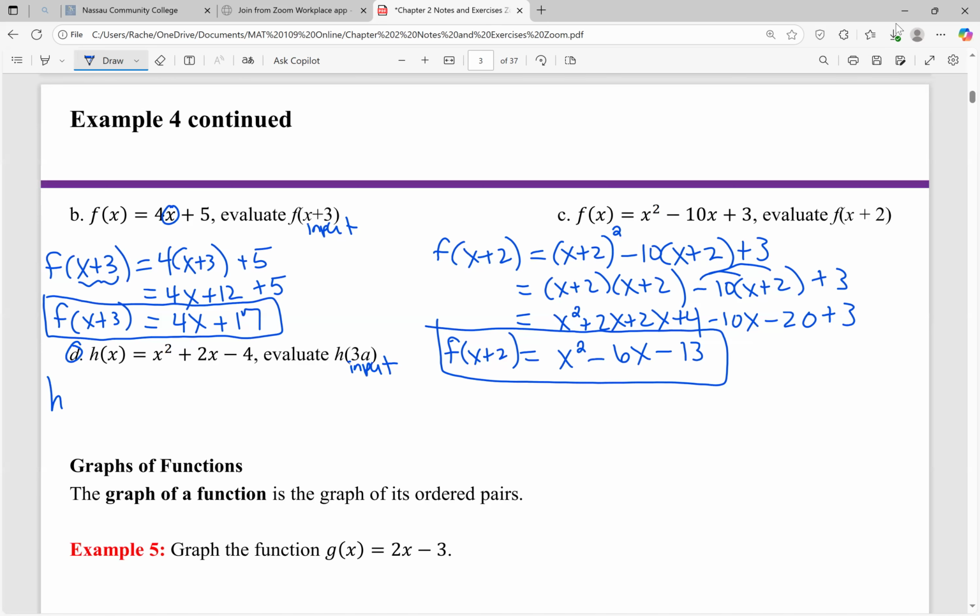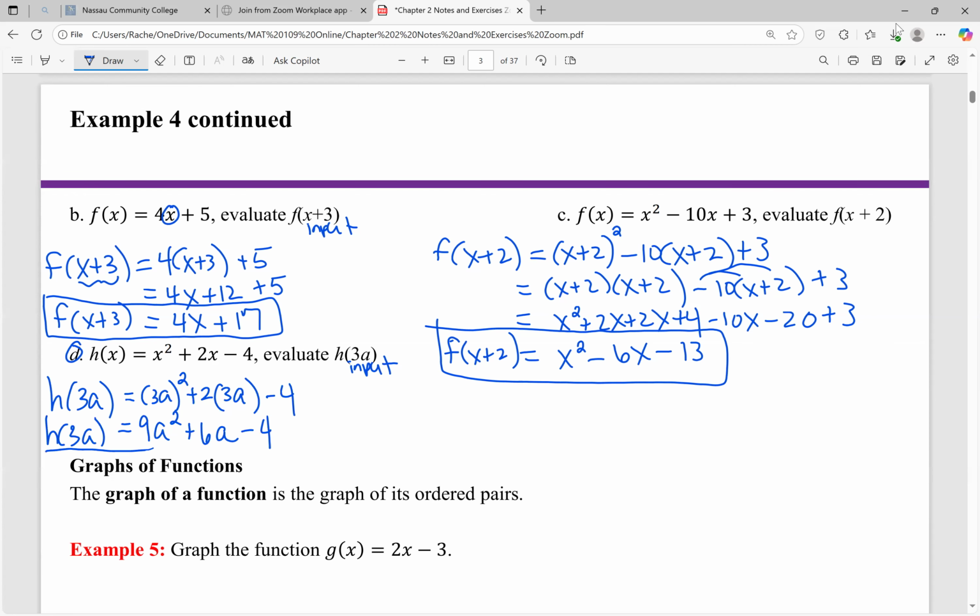So wherever we see an x, we're going to replace it with 3a. So we want to find h of 3a. We're going to have x squared, so 3a squared, plus 2 times x, but that's 3a, and then minus 4. So 3a squared is 3a times 3a, which is 9a squared. 2 times 3a is plus 6a, and then minus 4.